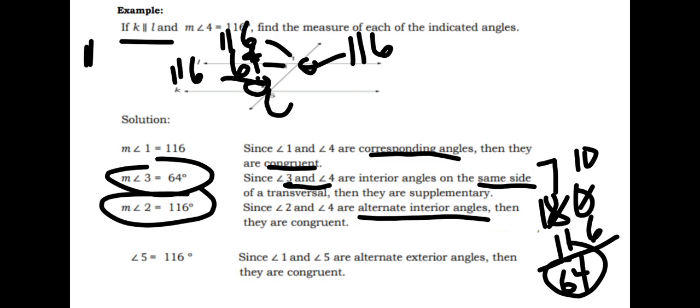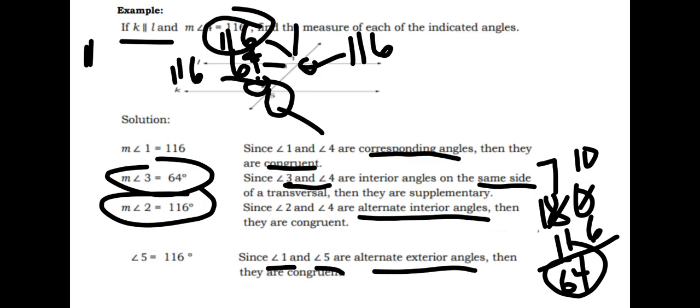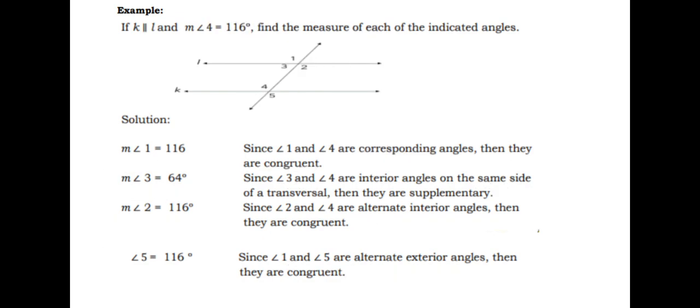Then the last one is this one. 1 and 5 are alternate interior angles. So if 1 equals 116, therefore 5 is also 116 degrees. Okay? So therefore you already found 1, 3, 2, and 5. Okay, but actually there are a lot of ways to find the measurement even though only one is given.